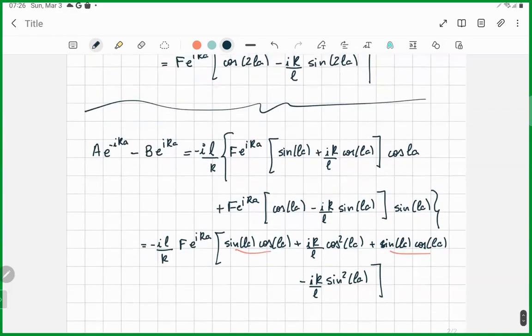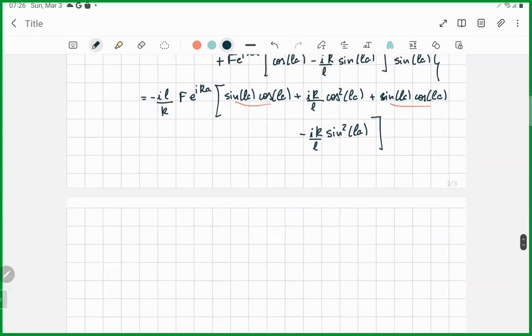So again, we are going to use trigonometry. And so how are we going to simplify these things? Minus iL over k, F ikA, and then the one that I marked here in red is going to be sine of 2, whatever we have there. No? So it's going to be sine of 2LA.